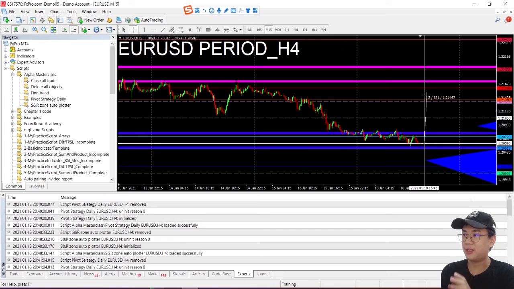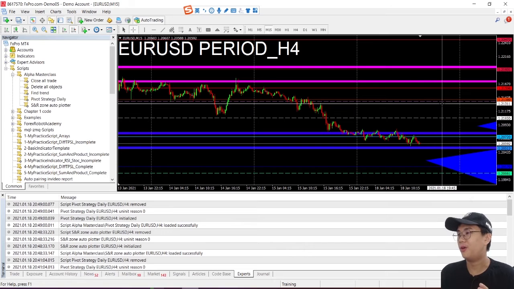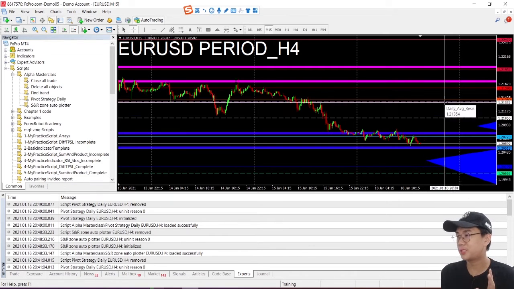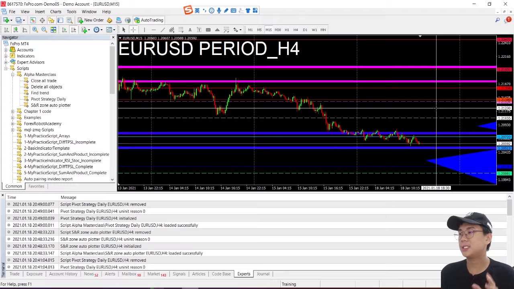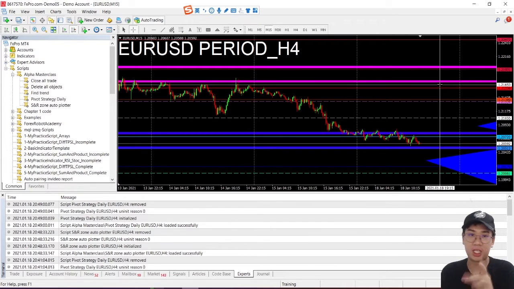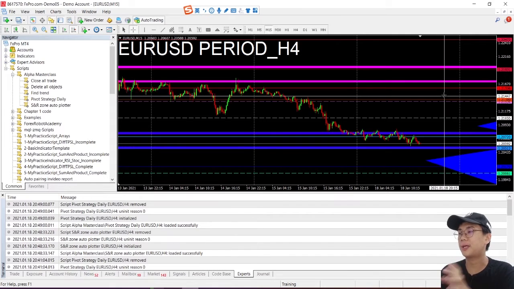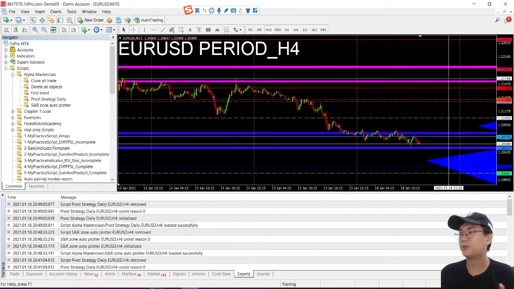Then around this area, the price will either go sideways or pop up. If it pops up, that means today's market will be crazy. You need to judge your trade face to face, using your eyes to see how the market goes after that. That will be a super crazy market.